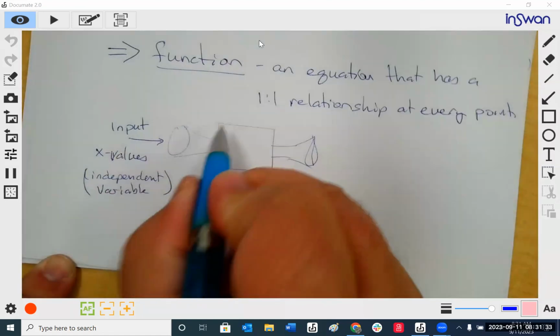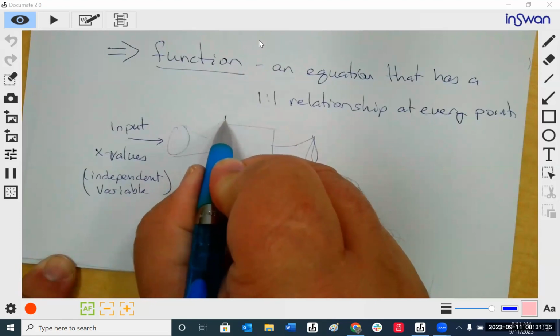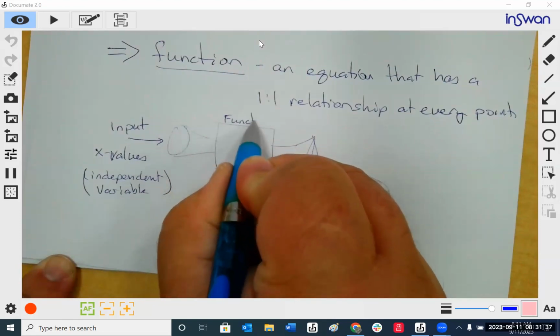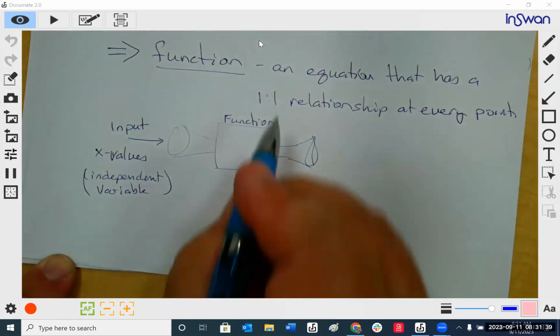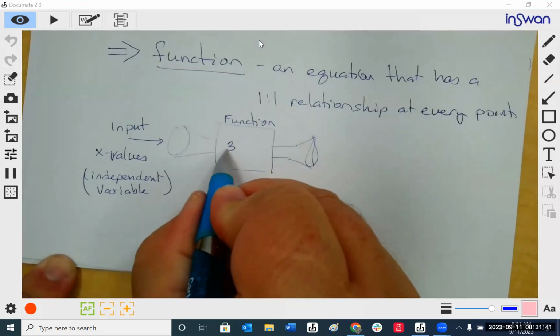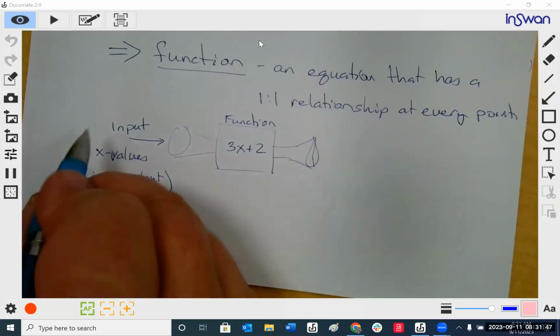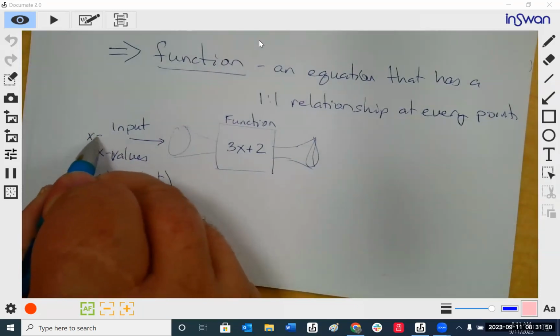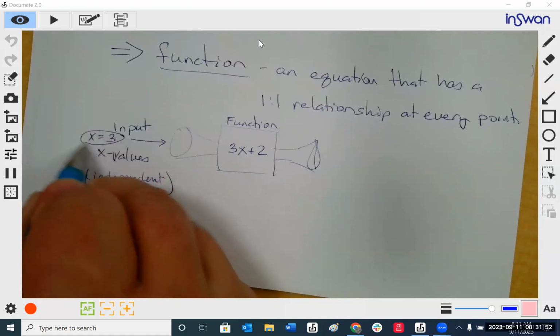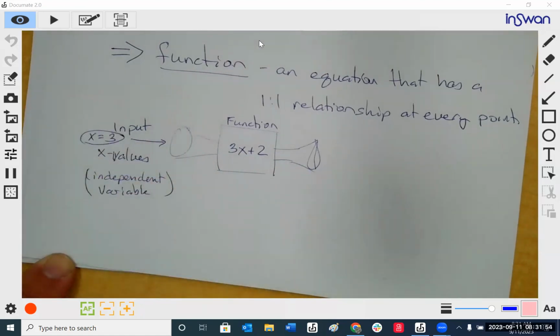You put it inside here. It goes through some equation, let's say 3x plus 2. So you put in a value, let's say x equals 3. That's your input. That's your package you put on the input.